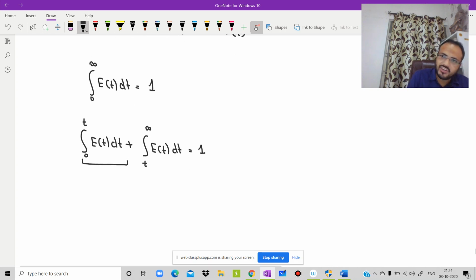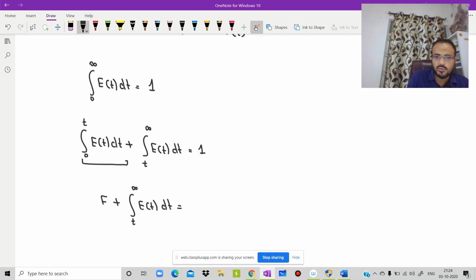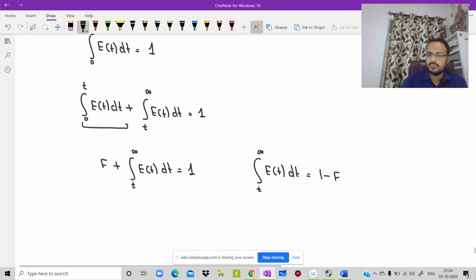This value we have already defined, that is F, plus integral from t to infinity of E of t dt is equal to 1. Or you can write integral from t to infinity of E of t into dt is equal to 1 minus F.